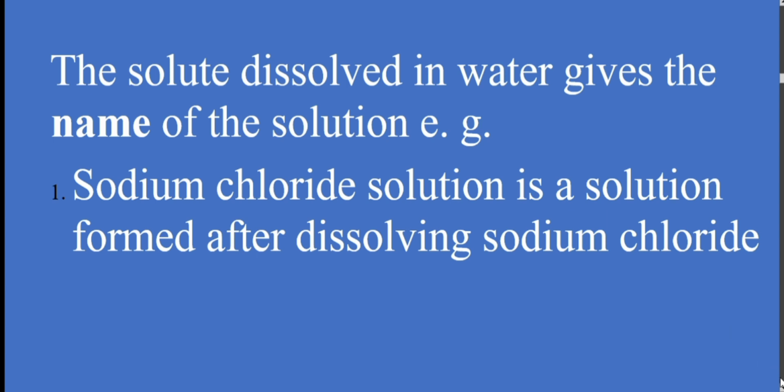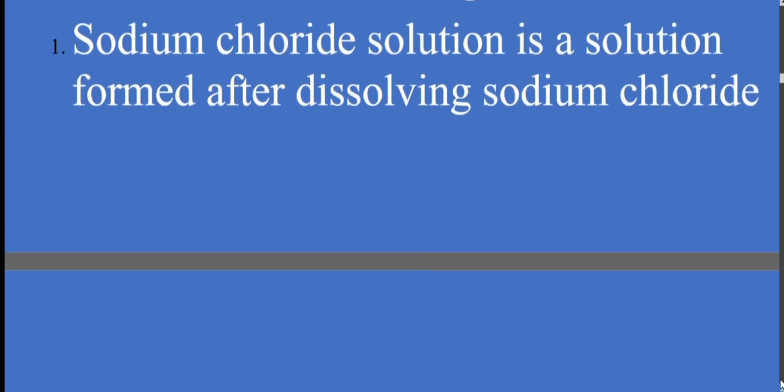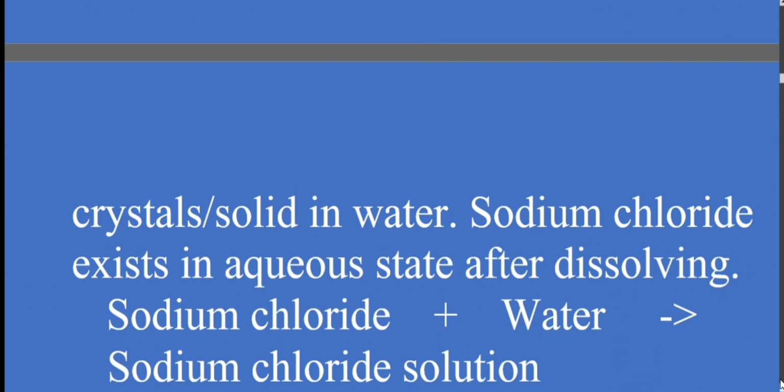After dissolving in water, sodium chloride now exists in aqueous state. So we don't have the solid sodium chloride that we had earlier; it is now in aqueous state, not solid state, because it has been dissolved in the water.